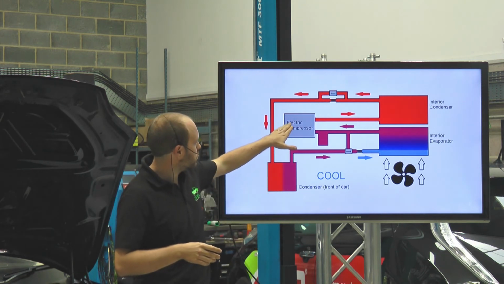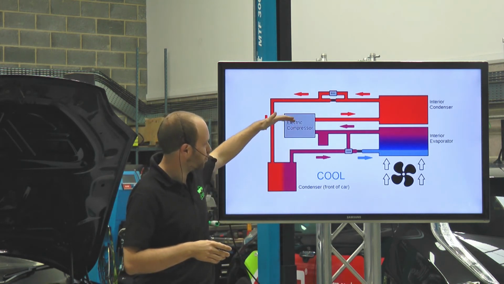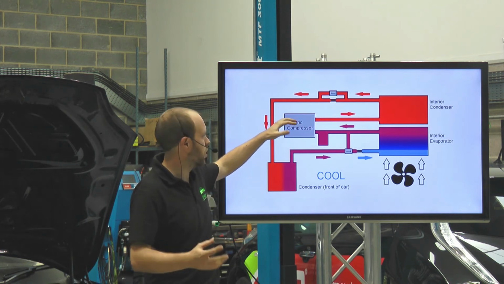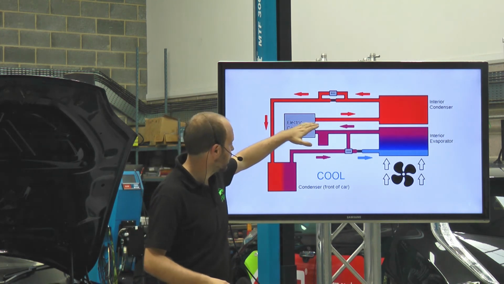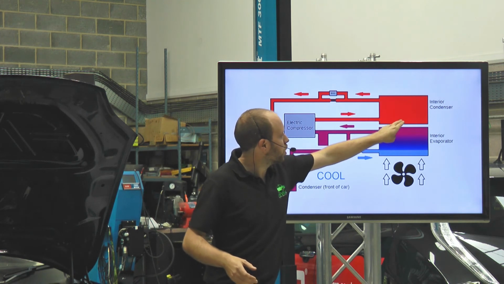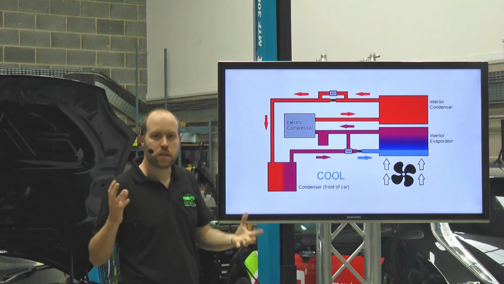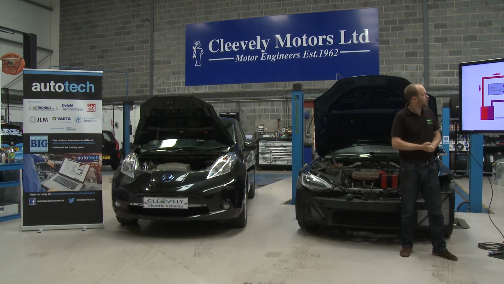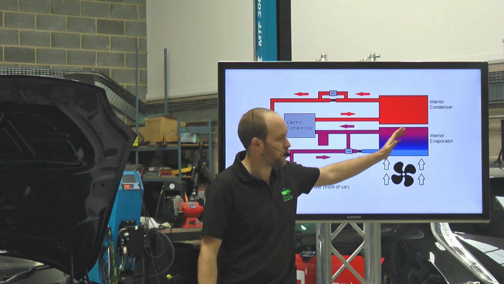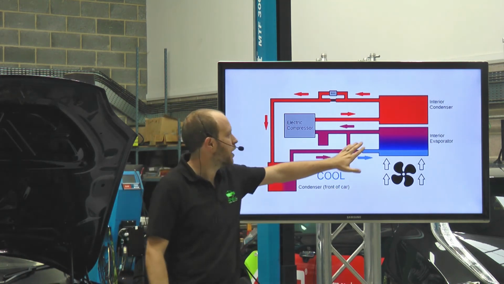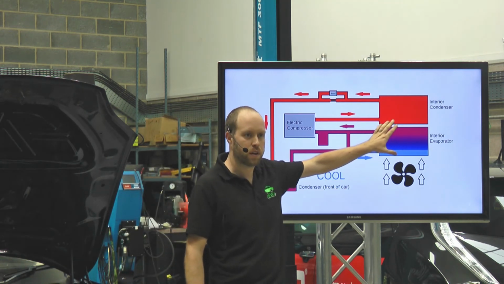But first of all, the refrigerant leaves our compressor, so it's in a high pressure, high temperature state, and it then goes into a condenser that's on the inside of the car. Now, that will obviously be at a high temperature, but we arrange our heater flaps so that the air coming into the car isn't going through that when we want the car to cool inside.